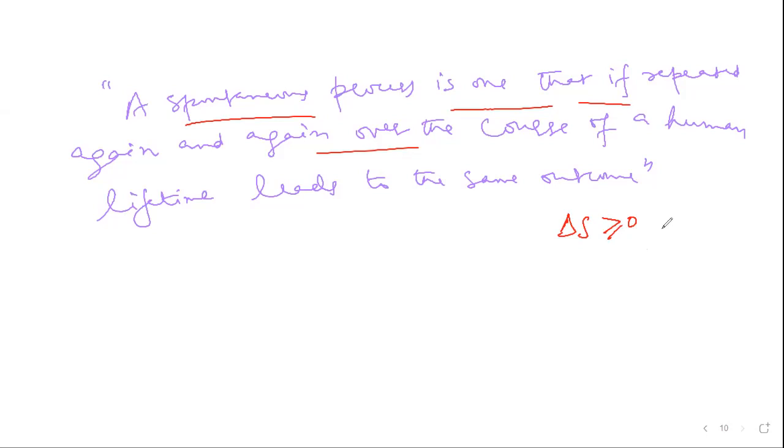So we want to make a statement about isolated systems. Remember, when we talk of this, we're considering an isolated system. So let us state this, refresh this important result.